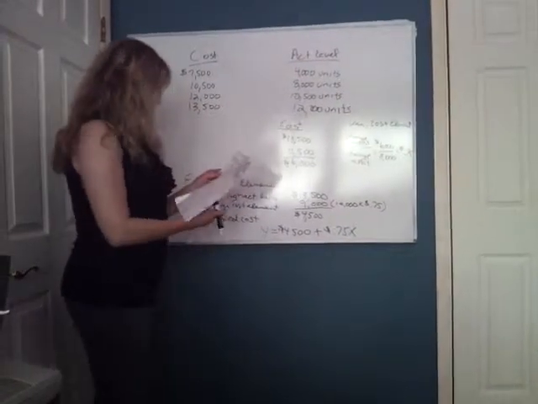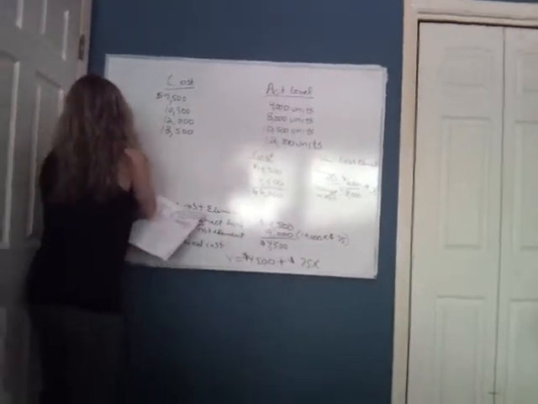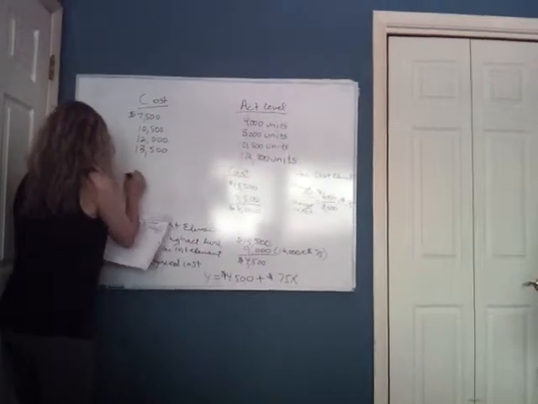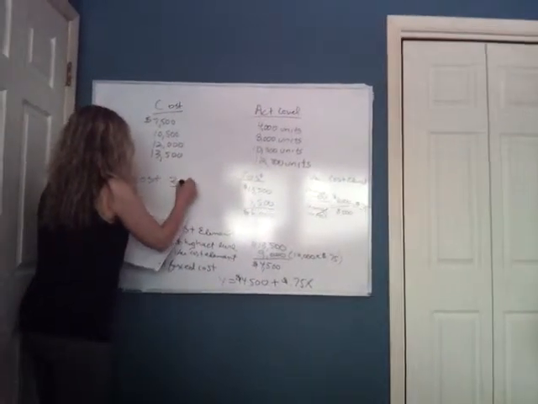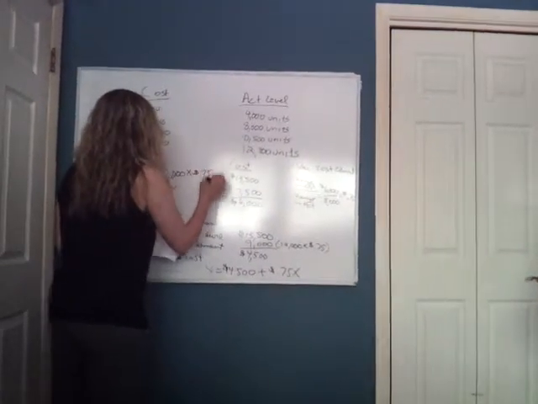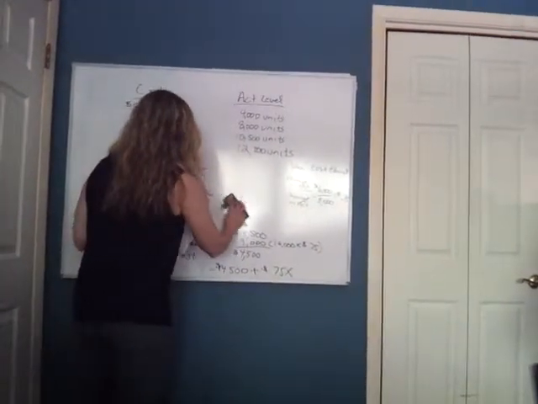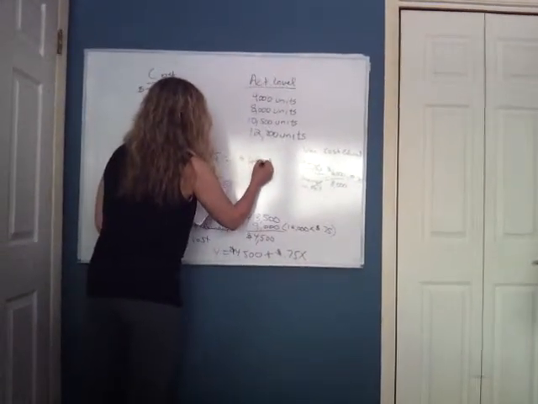In number 2, it's asking us to predict the cost if 30,000 units are produced. Our variable cost is going to be those 30,000 units multiplied by 75 cents, and that is going to be 22,500.